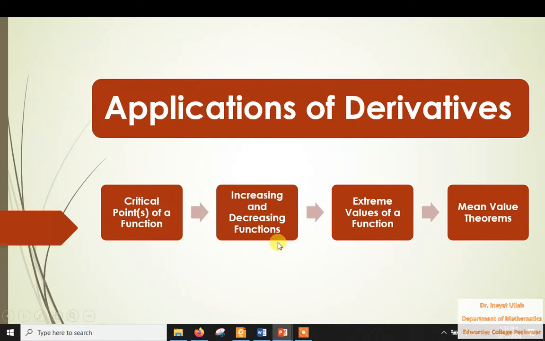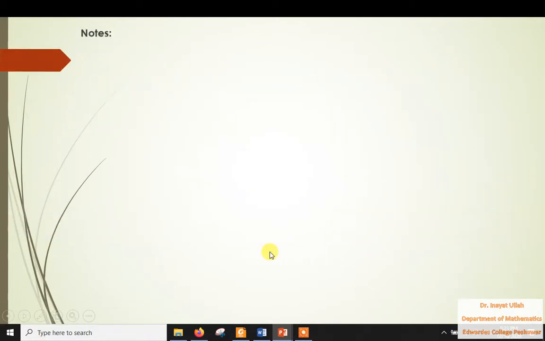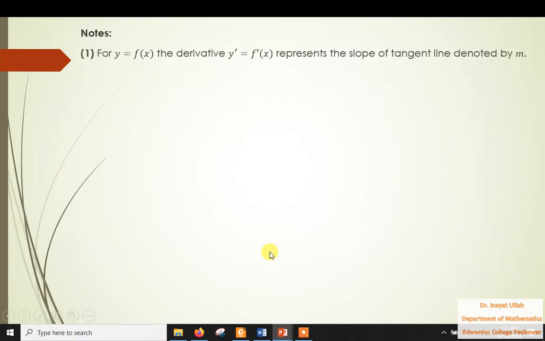So these four are the major topics of this lecture. Maybe there are some subtopics which will be included in applications of derivatives, but these four are the major topics. Let us start the lecture from the notes.